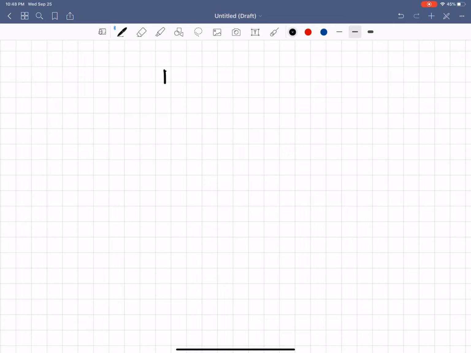This proof is what we call proof by contradiction. This type of proof works by doing a couple of things.